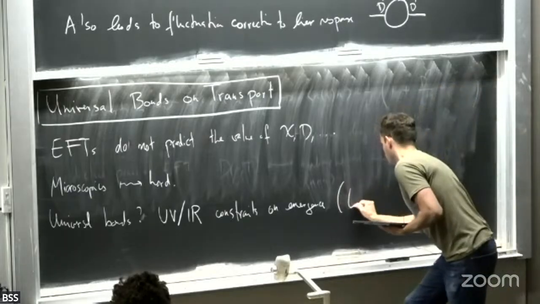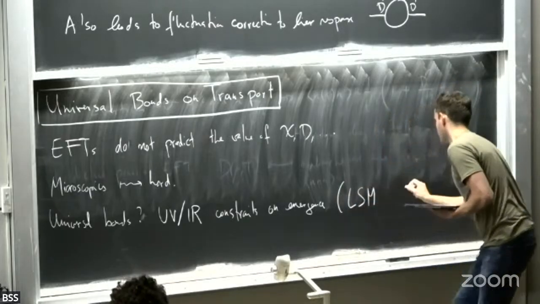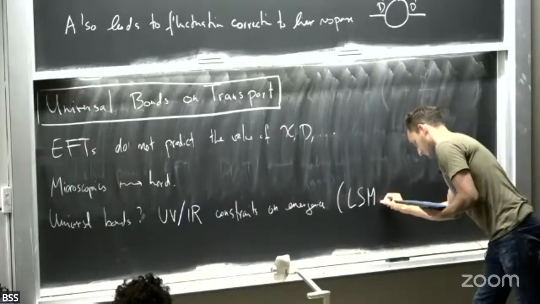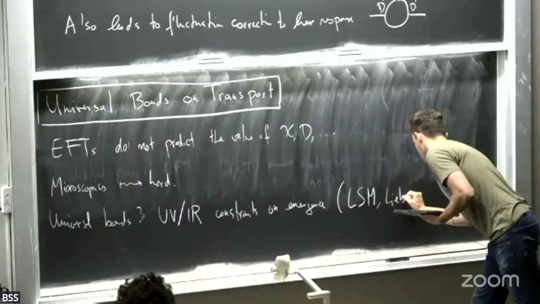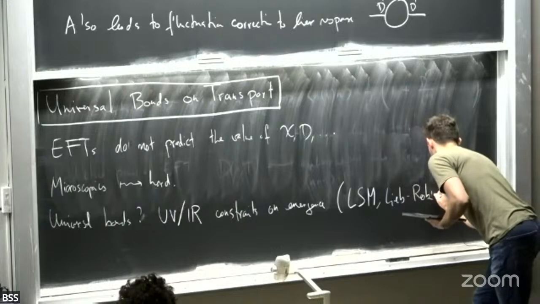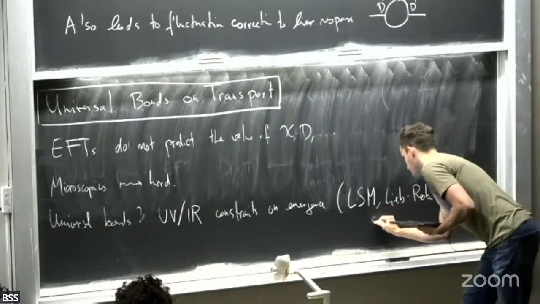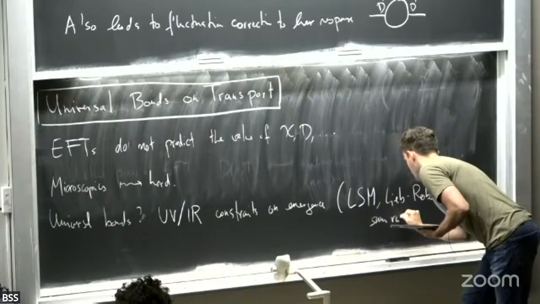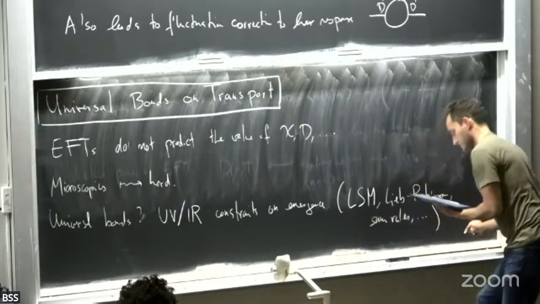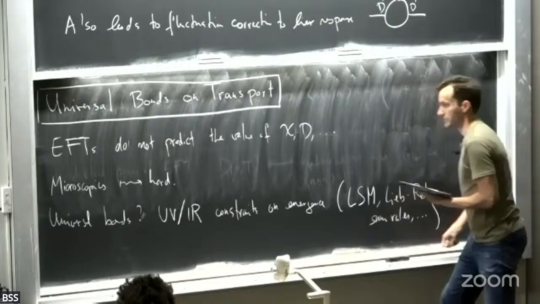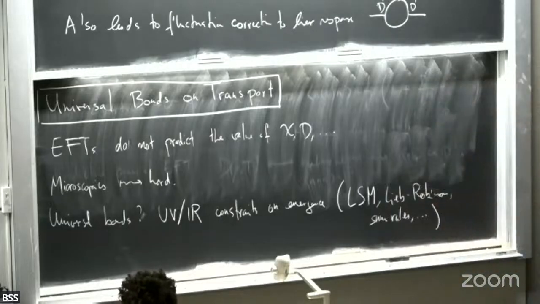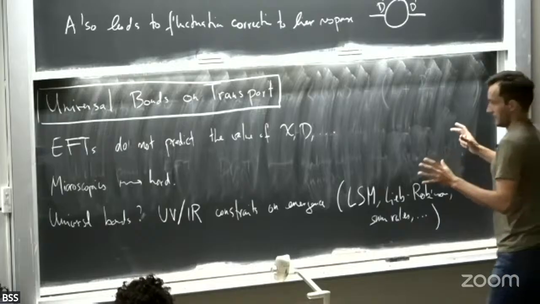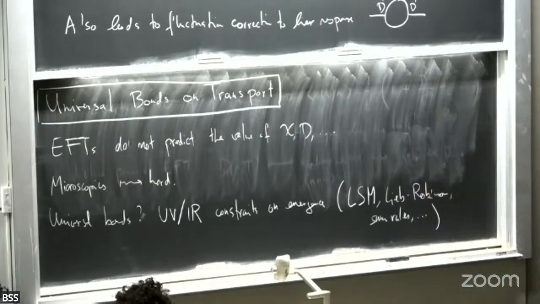There are many successful examples like Lieb-Schultz-Mattis, anomaly matching type arguments, Lieb-Robinson bounds, sum rules, and so on. These are situations where you can say something about emergence, you can constrain emergence, even though you can't actually compute things in a controlled way. So even theoretically, it would be nice to have these things to constrain emergence.